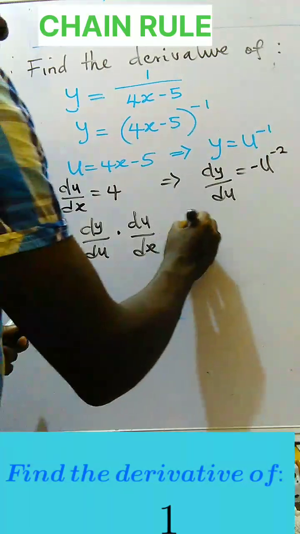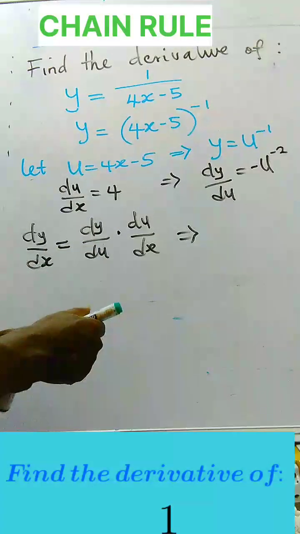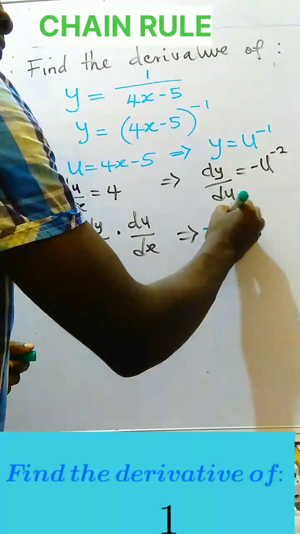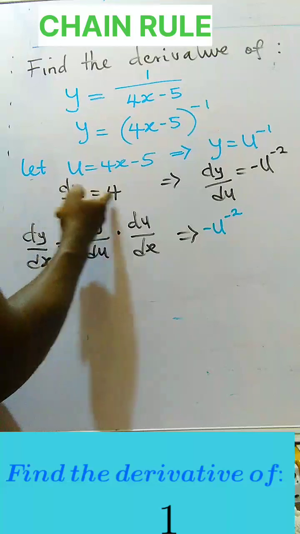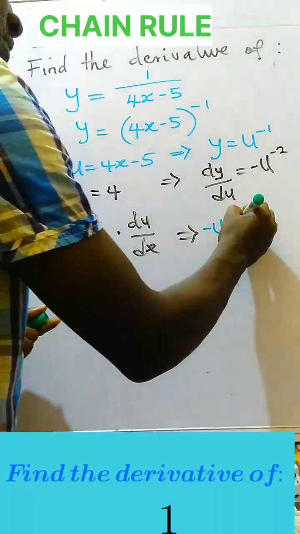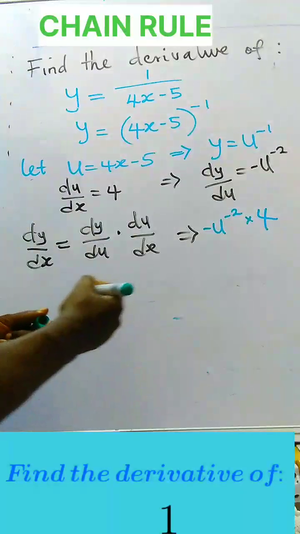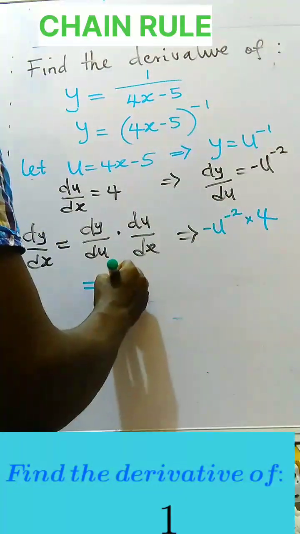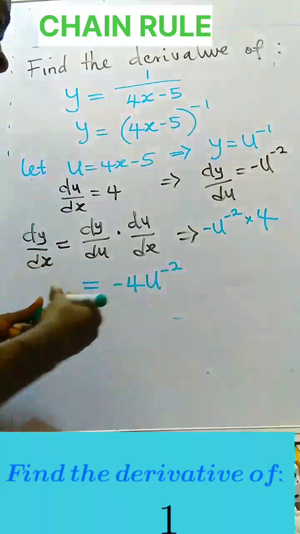Our dy/du, we have gotten it here as minus u to the power of minus 2, and our du/dx, we've gotten it here as 4. So this times 4, and when you do that, that will give us minus 4u to the power of minus 2.